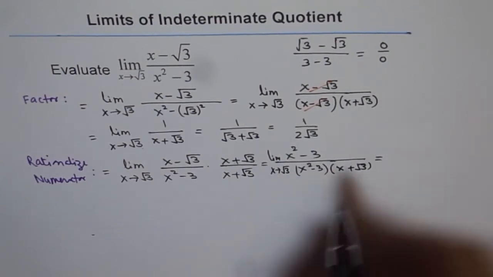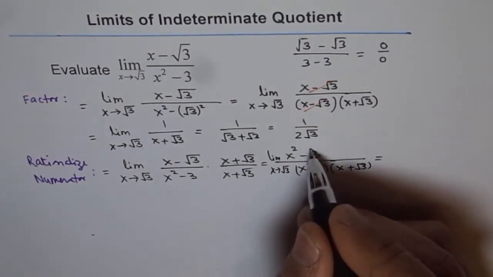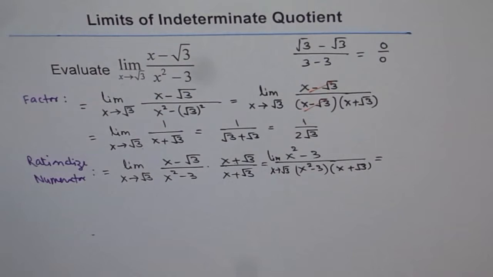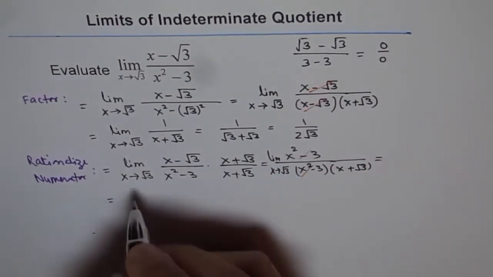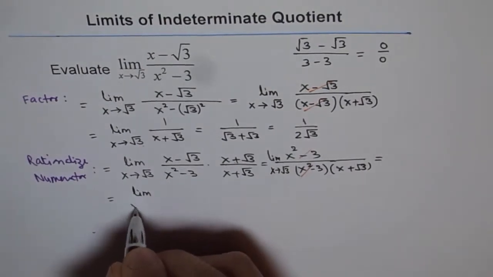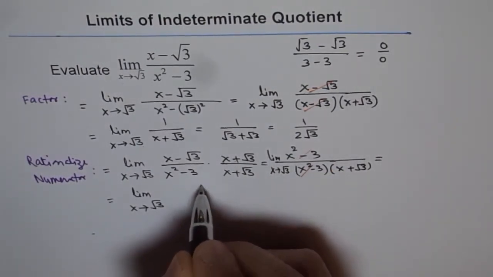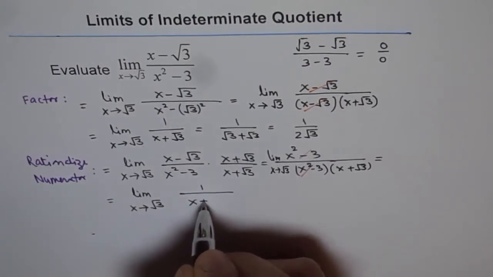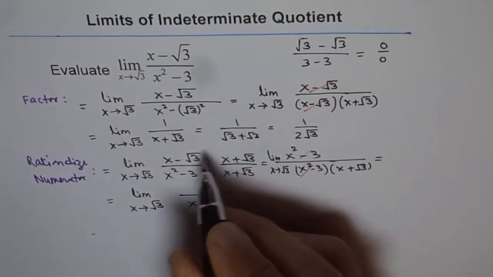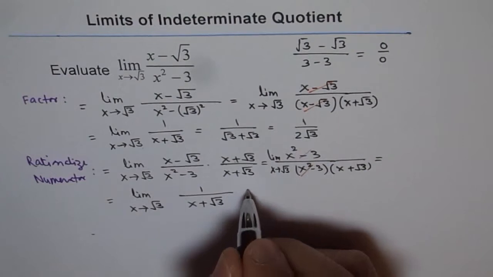And now we can simplify this because x squared minus 3 gets cancelled, correct? And so this equals the limit as x approaches square root 3 of 1 over x plus square root 3. Exactly the same result as we got earlier, right?